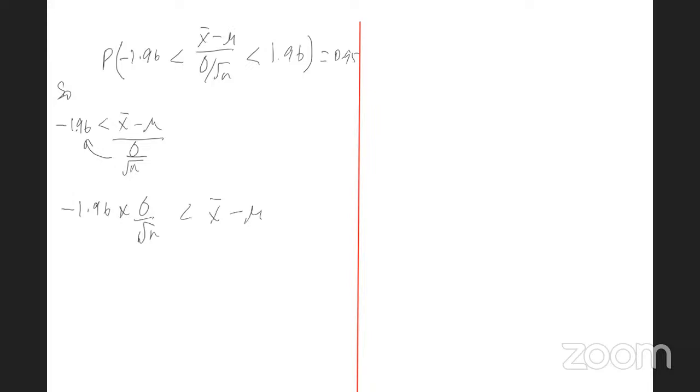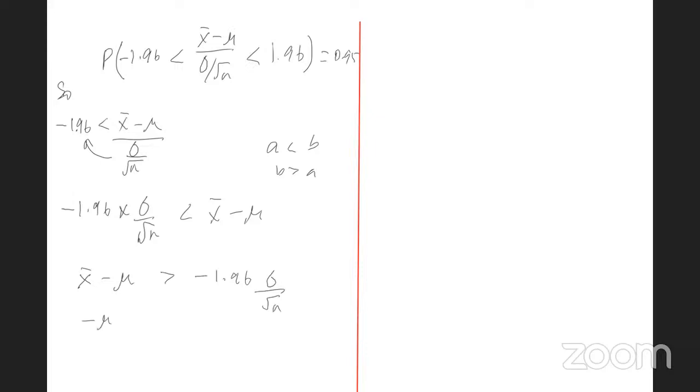Actually, let me just switch everything around: X bar minus mu. Remember, if A is less than B, then B is more than A. So X bar minus mu is greater than minus 1.96 sigma on root n.